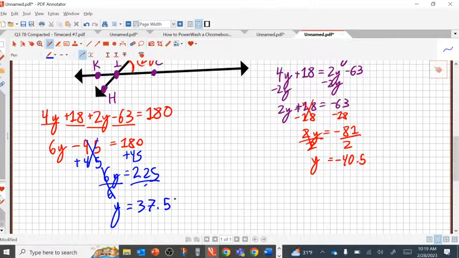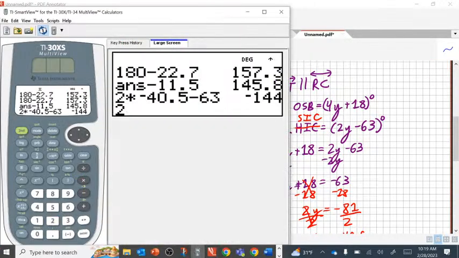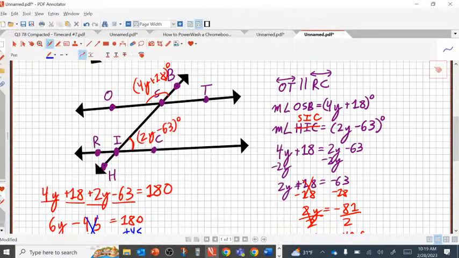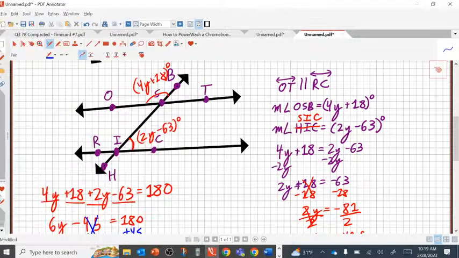Right, because it's already got the degrees in there. So now I can feed that back into either one. 2 times 37.5 minus 63 is 12. So this one was 12 degrees, which means all the other ones have to be 168 degrees.